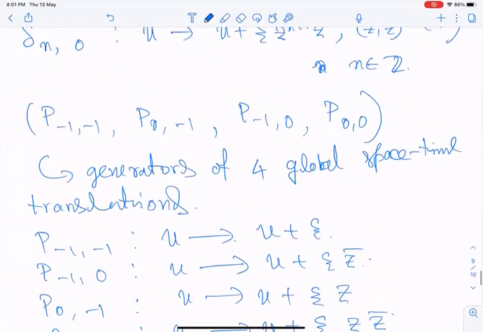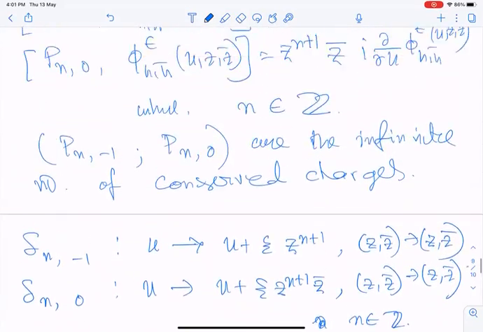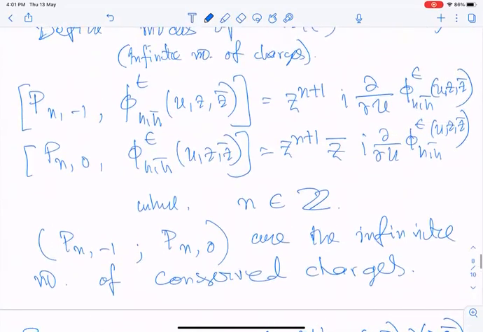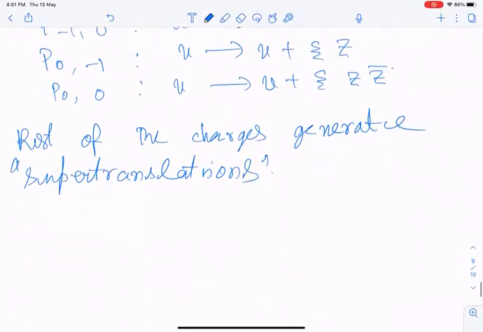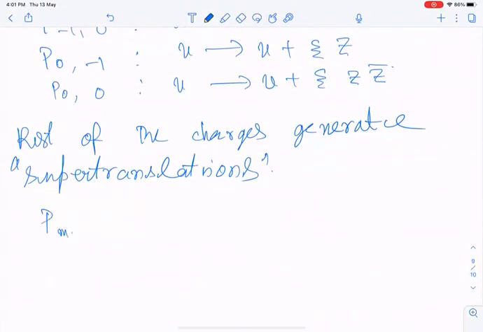So you can see that you have an infinite number of space-time translations; well, in the interacting theory you really have an infinite number. For example, P m n generates the transformation z to the power n plus 1, z bar to the power n plus 1.